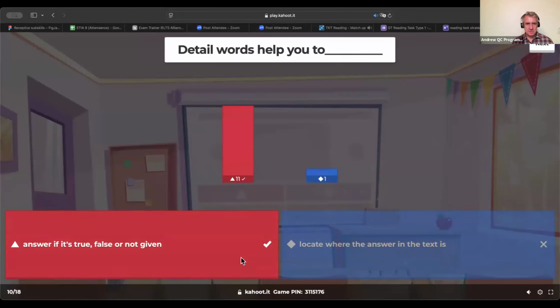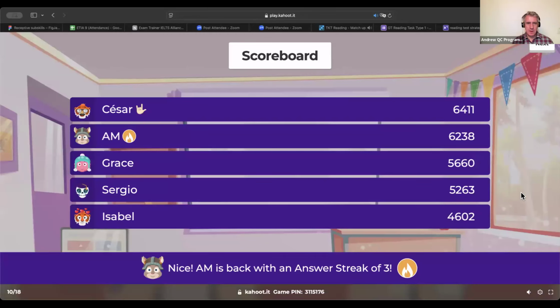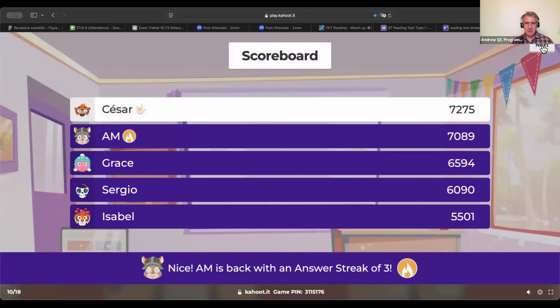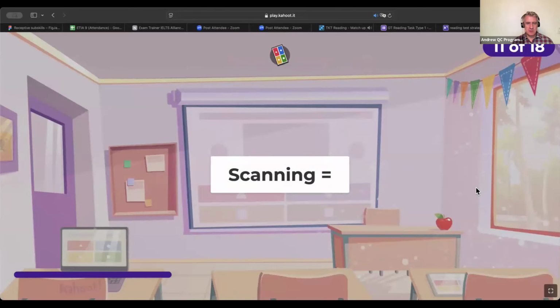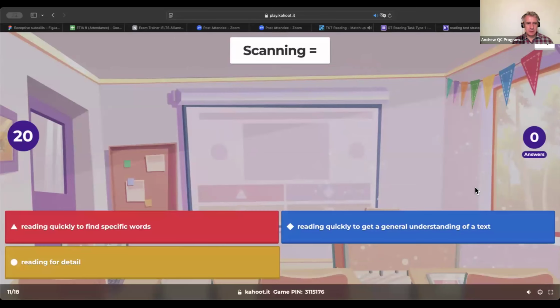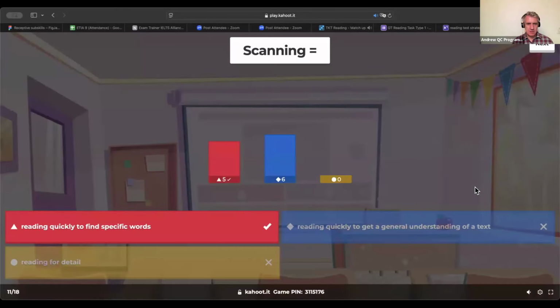Those help you to get an idea of whether it's true, false, or not given. Yeah. This is important, that we need to be able to explain this to our students, right?